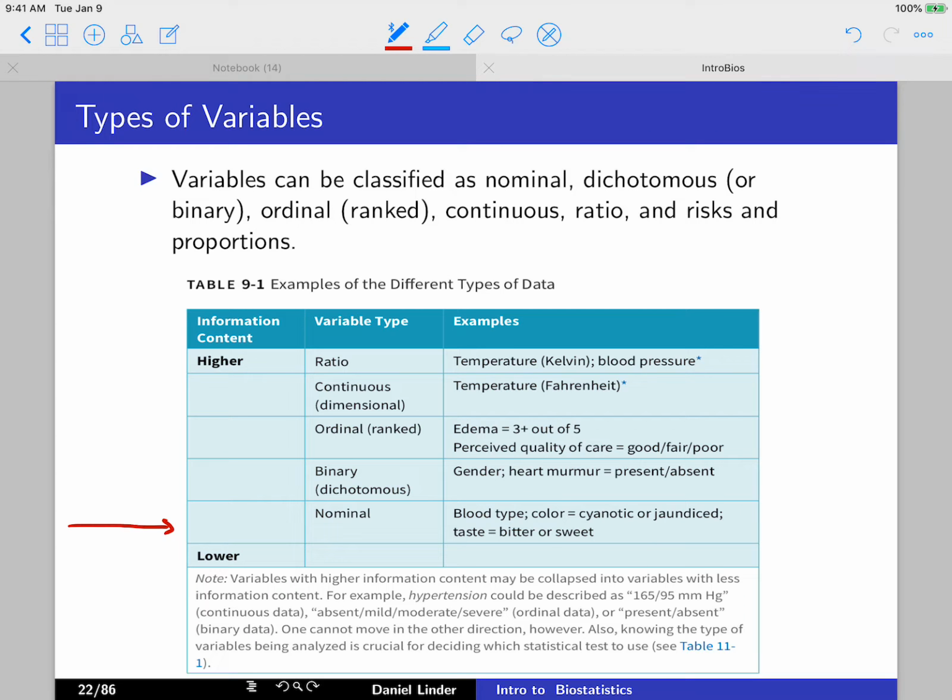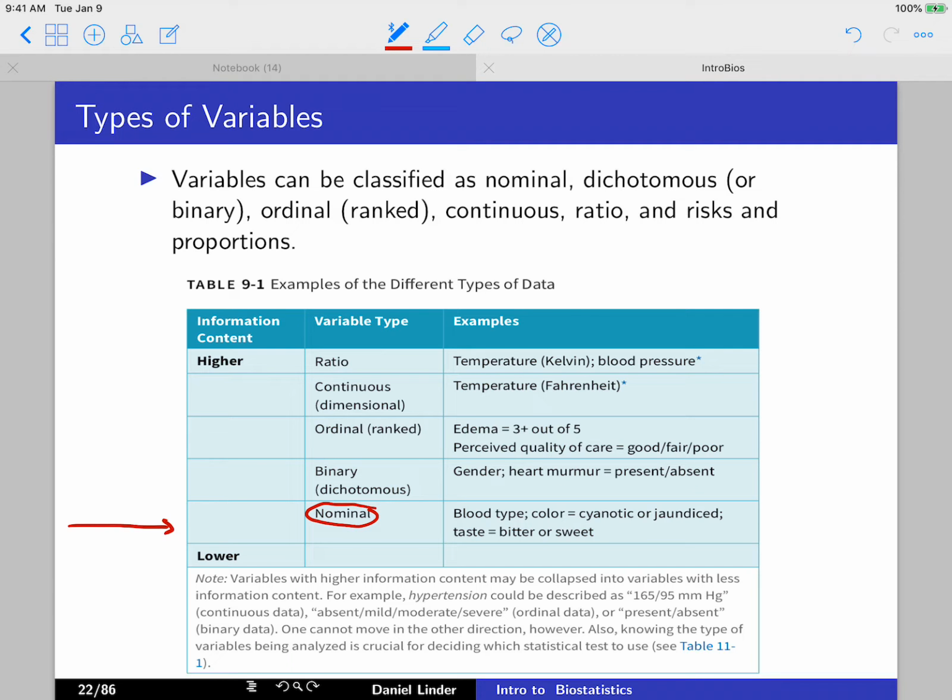And so for instance, blood type, that would be a nominal variable, all the different blood types, A, B, O, and so forth. Color, so jaundiced versus normal skin color. Taste, bitter or sweet. So these are purely categorical variables, and hence the name nominal for naming.